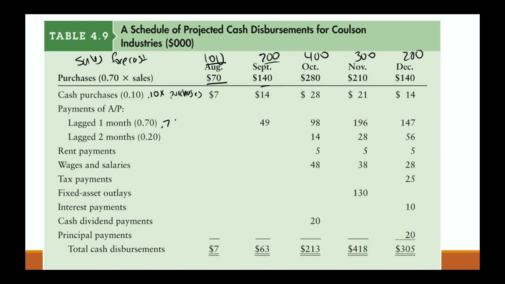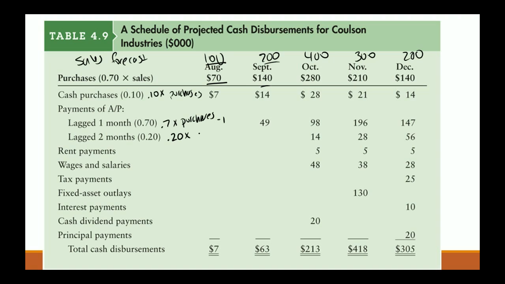So we take 70% times our purchases for the month prior. So for September, we take 70% of August's purchases of $70. So 70% of 70 is 49. For October, 70% of 140 is 98, and so on.